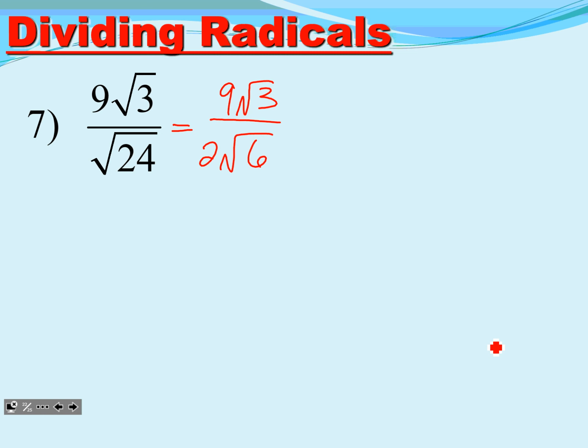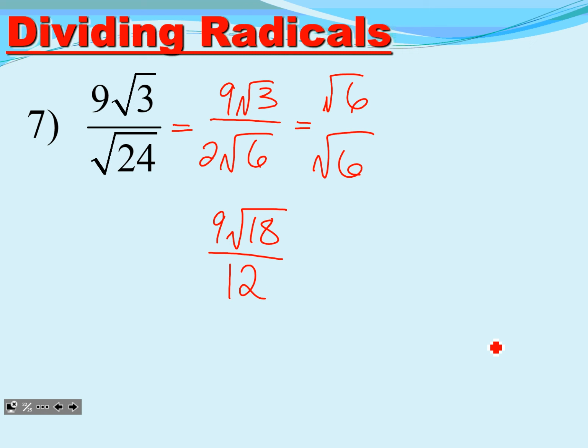I don't like the root 6, so I'm going to multiply top and bottom by root 6. So this eventually becomes 9 root 18 over 12. I'm now going to simplify my root on the top.